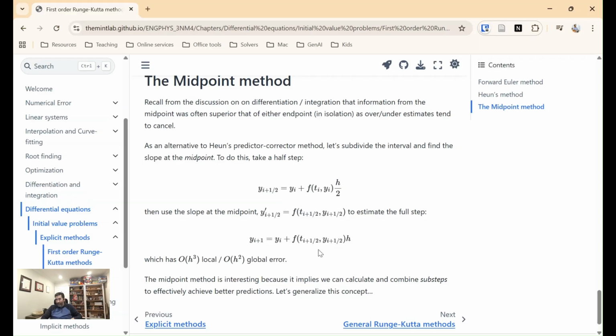So the name of the game from henceforth is going to be, what kind of substeps do we take? Do we blend them? This is a case where we didn't blend them. If we do blend them, can we gain some kind of benefit from it? What else can we exploit in order to get this?